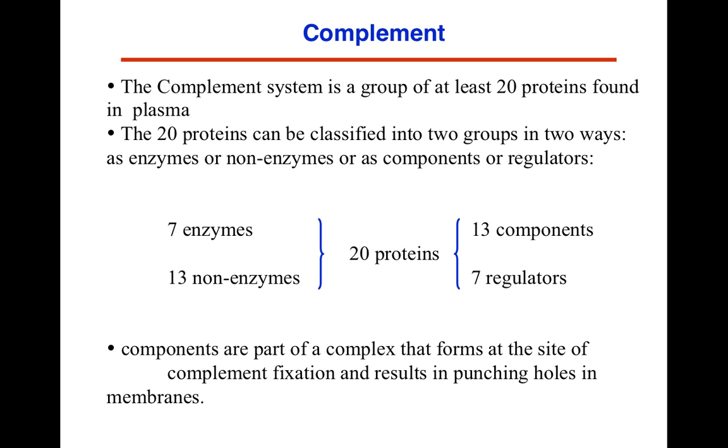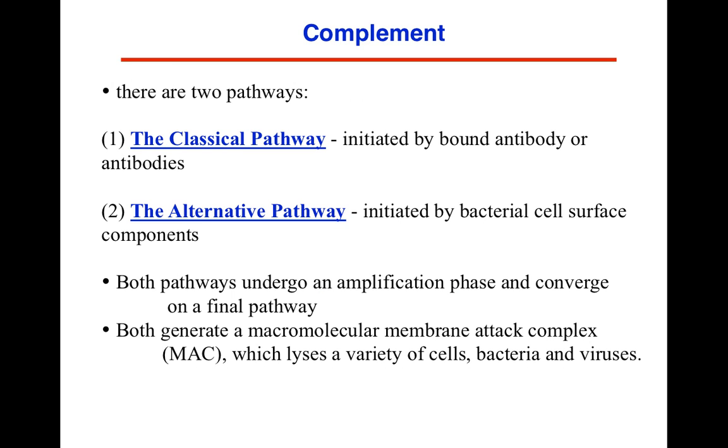So there are 20 proteins or more that are involved. Some of those are enzymes, some are components, and some are proenzymes. The components are part of a complex that forms a site on the cell that in the end causes dissolution of the cell by putting holes basically in the membrane. There are two complement pathways.